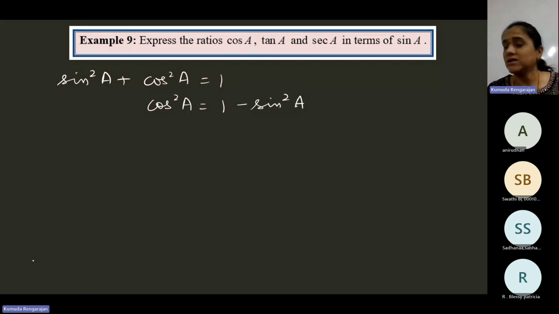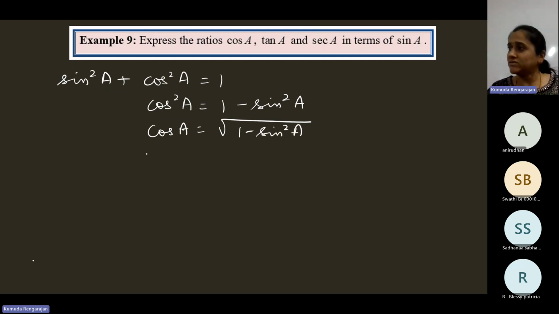But we have to write cos A, not cos square A. So cos A is equal to square root of 1 minus sin square A. Finished. We have written cos in terms of sin. In terms of means you should write cos using sin. So cos A is square root of 1 minus sin square A.